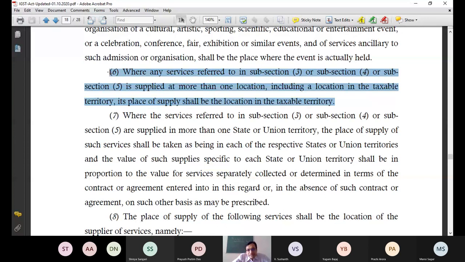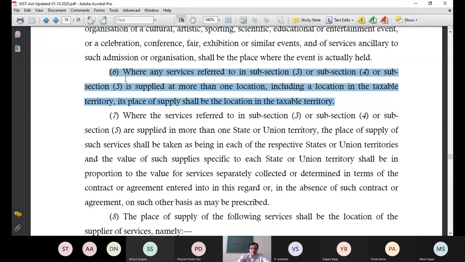Where any service referred to in subsection 3 or subsection 4 or subsection 5, but I am talking about subsection 3, is supplied at more than one location, including a location in the taxable territory, then its place of supply shall be the location in the taxable territory.